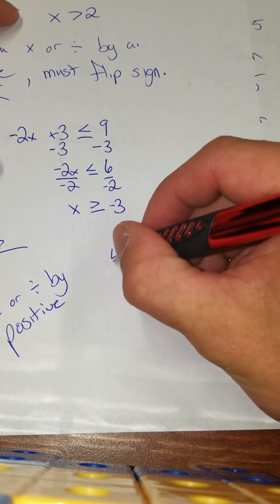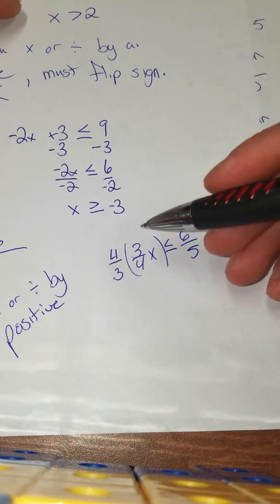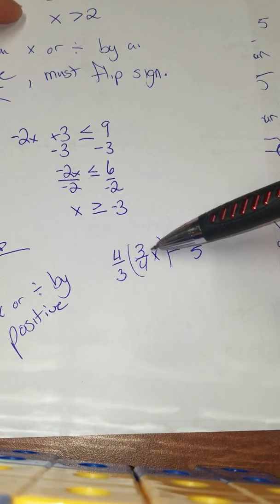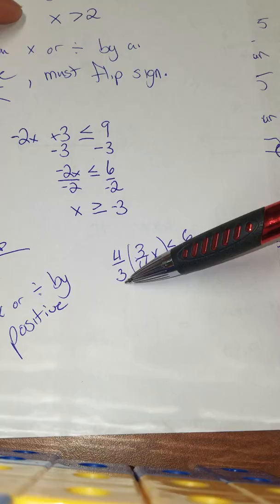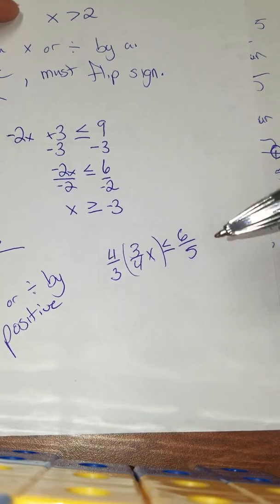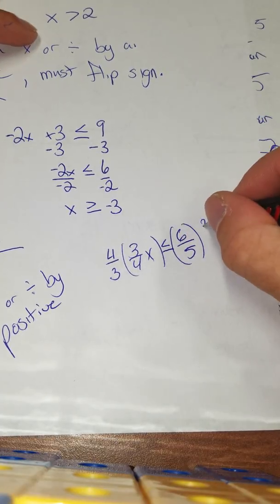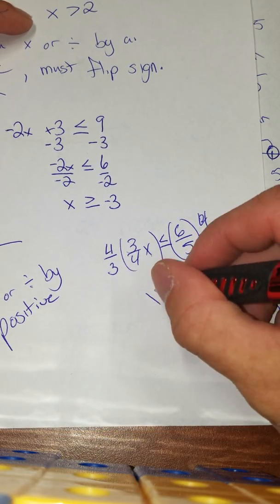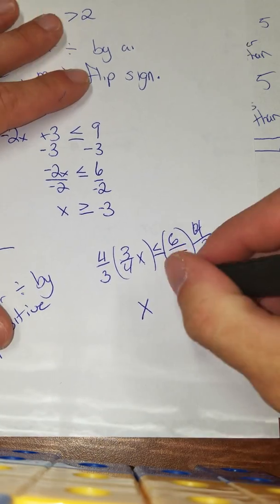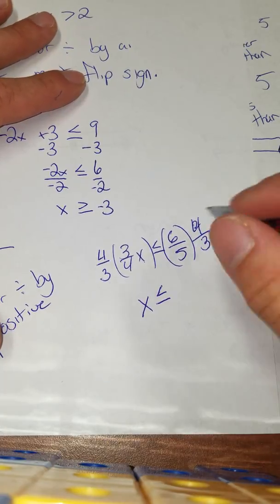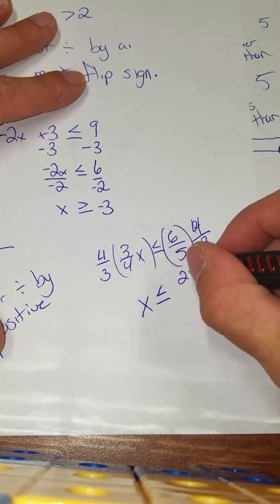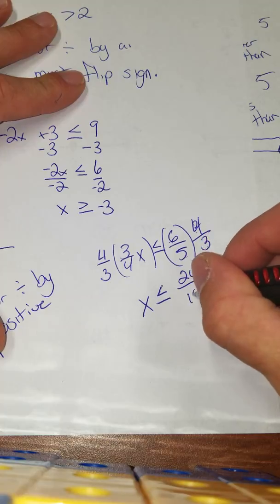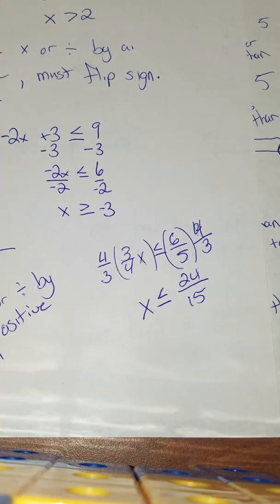You're going to multiply by a 4 and divide by a 3. Basically the opposite of what you're doing. This is multiplying by 3, so we divide by 3. This is dividing by 4, so we multiply by 4. But you have to do that on the other side as well. X, I multiply by a positive. Don't flip the sign. Leave that alone. 6 times 4 is 24. 5 times 3, 15. That would be your solution.